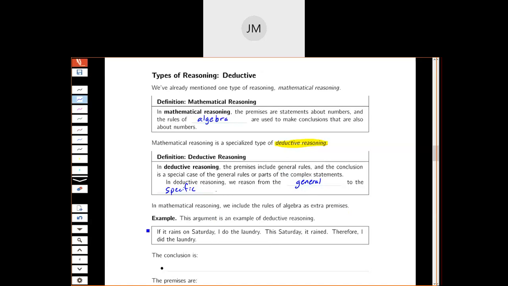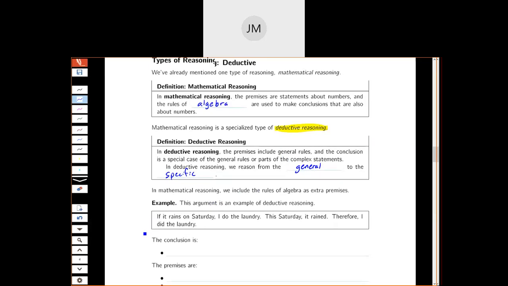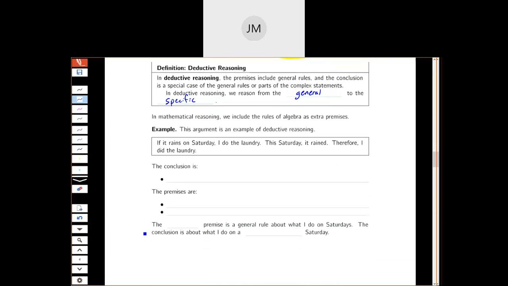Let's look at an example of an argument that uses deductive reasoning that's not mathematical reasoning. It's just generally deductive. If it rains on Saturday, I do the laundry. This Saturday it rained, therefore I did the laundry. So we can look at our keywords here.